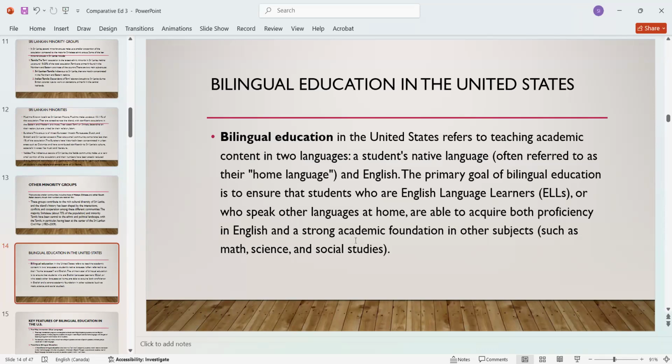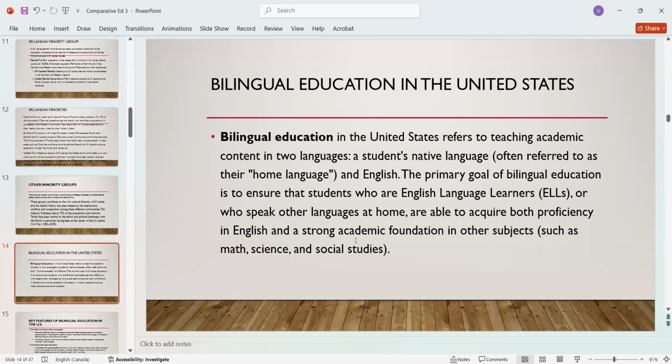So bilingual education in the United States refers to teaching academic content in 2 languages, right? So this bilingual education is in Sri Lanka also, right? When a student goes to English medium, they are using Sinhala and English.